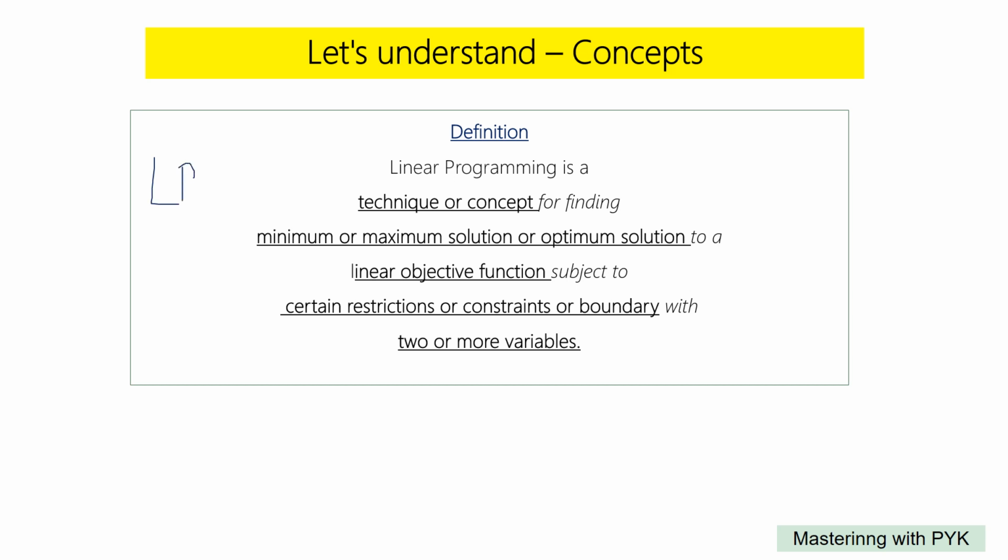Linear programming is a technique of finding an optimum solution, because in life we need to find the optimum solution which can either minimize my cost or maximize my profit. There is a linear objective function, that is, what am I trying to achieve, with certain constraints. Those are my boundary conditions or my limitations.